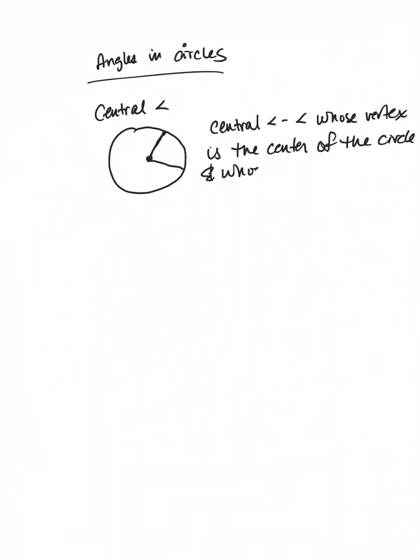And whose rays pass through the circumference. Okay? So, a central angle is equal to its intercepted arc.